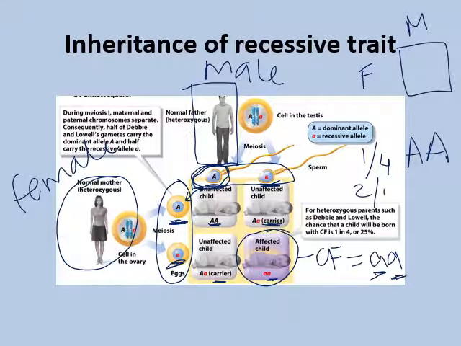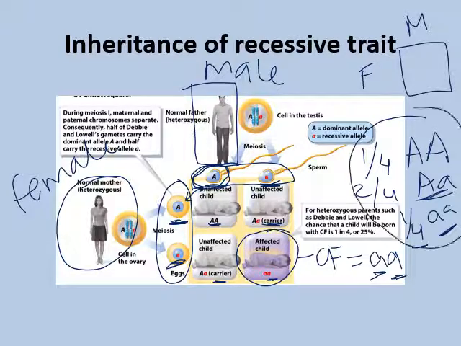We've got a 2 out of 4 chance of having a heterozygote or a carrier, and we've got a 1 in 4 chance of having a homozygous recessive, okay? So in other words, we've got a 25% chance of having a homozygous dominant, 50% chance of a heterozygous carrier, or a quarter chance of a homozygous recessive. So keep in mind, you can do that.